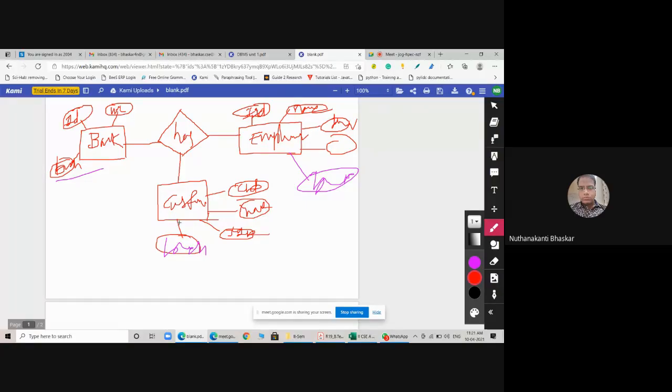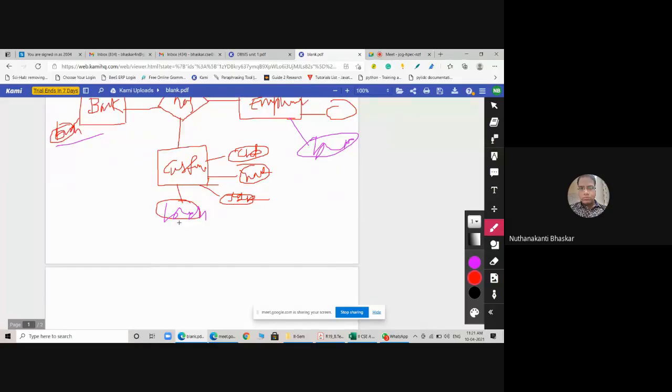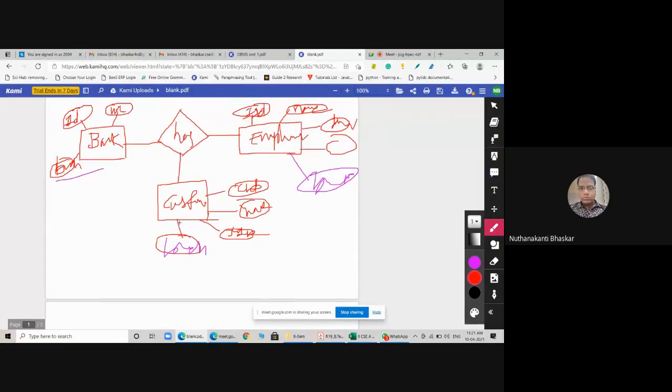Still any other example? I need one more example for ternary relationship.